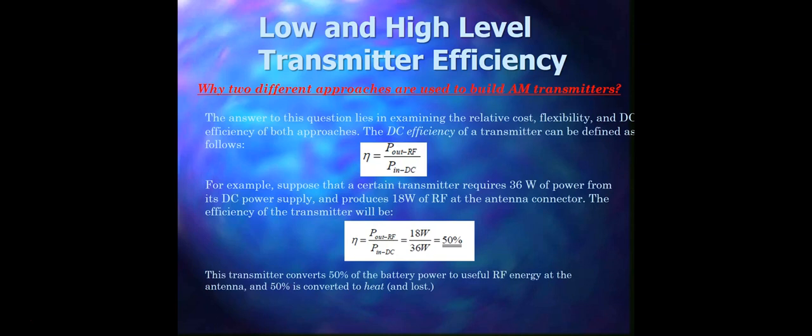Suppose that a transmitter is operated from battery power, as in a walkie-talkie, or maybe an aircraft transmitter. We would want to get maximum life from the battery, and we would use the most efficient approach possible. So in that case we would go for a high level transmitter.